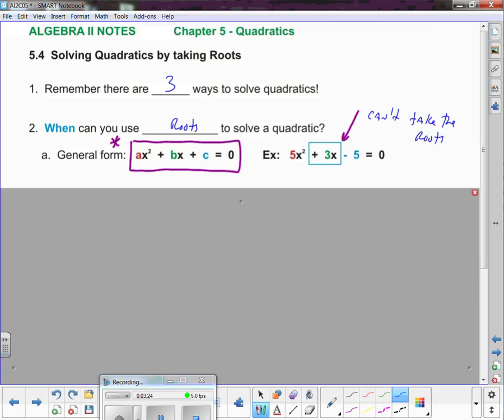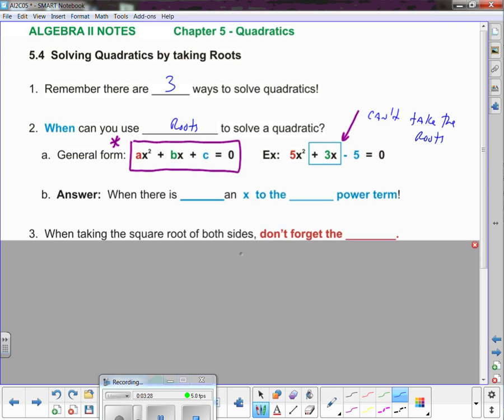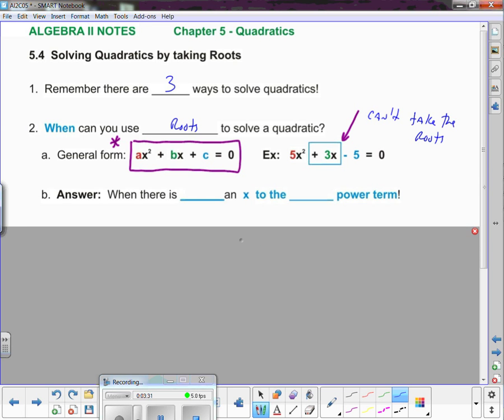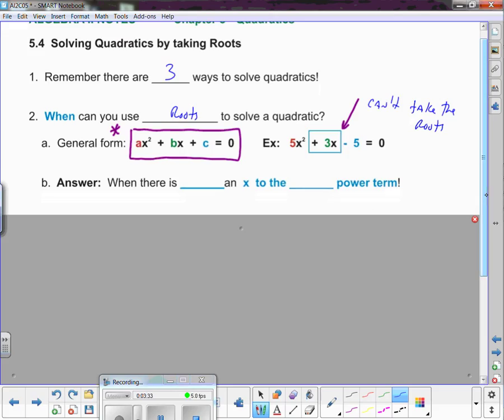You can't do it in that situation. So I know I'm giving you a negative example, but that's the way you figure it out. So answer, when can you use roots to solve a quadratic? Answer, when there is not an x to the first power term. When there is not an x to the first power term.